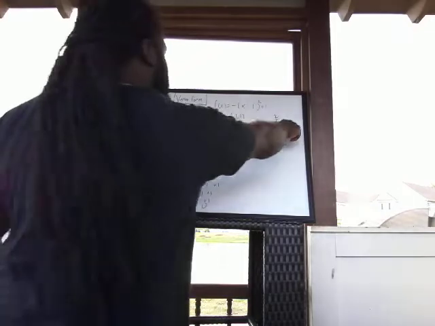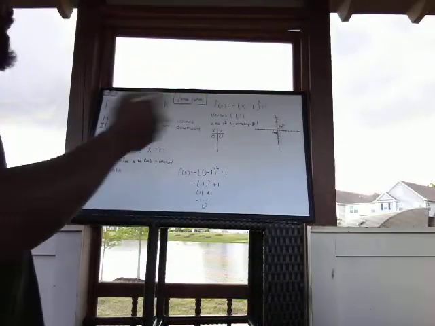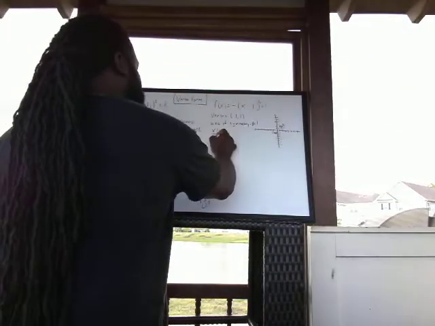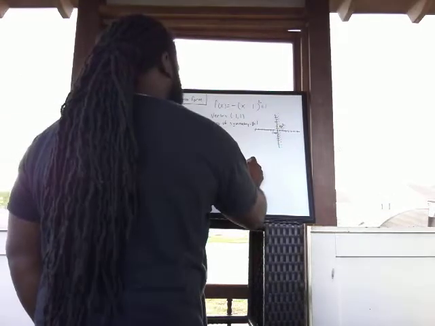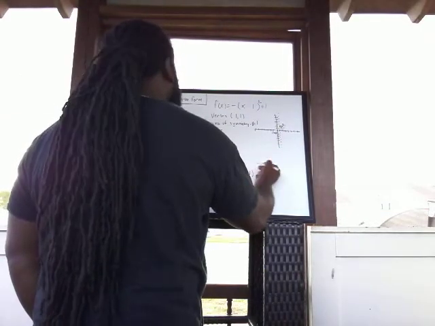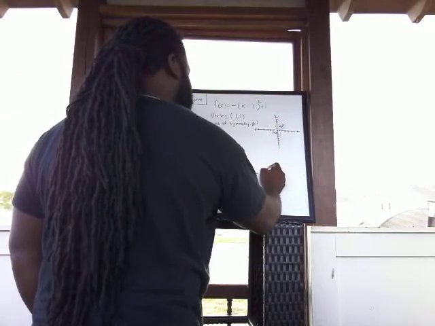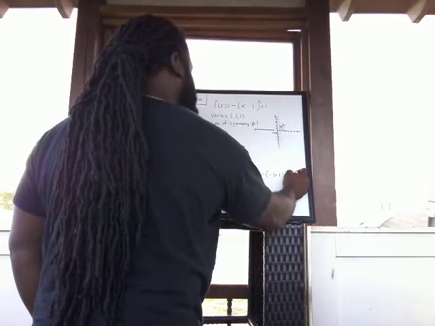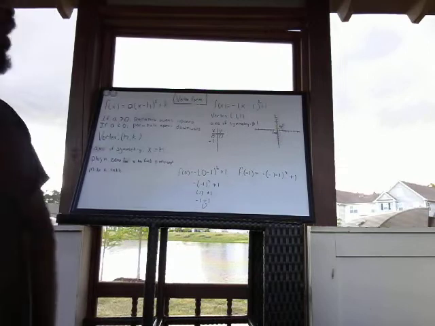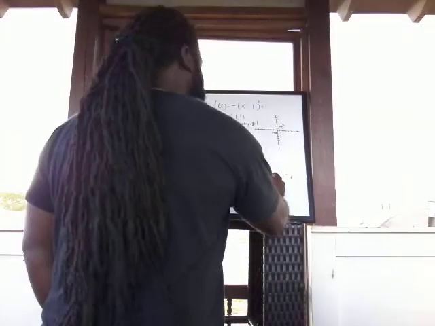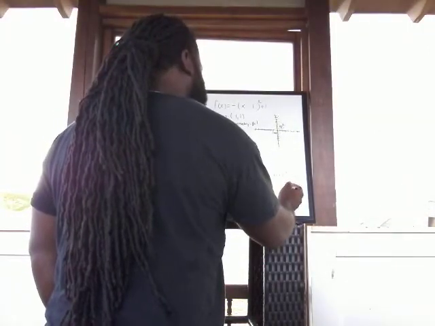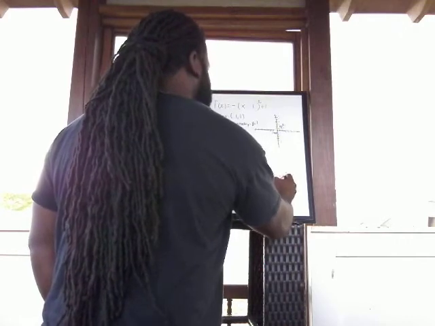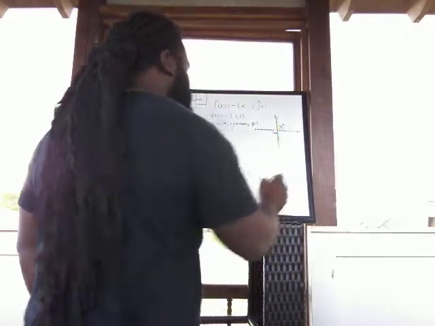Instead of doing 1, we already know the value for 1. We can plug in negative 1 for x, because we need to use 2 points in order to find the other 2 points on the opposite side. So we go negative 1 minus 1, right? Make sure you know your signs. Keep it, change it. That's going to give me negative 2 squared plus 1.